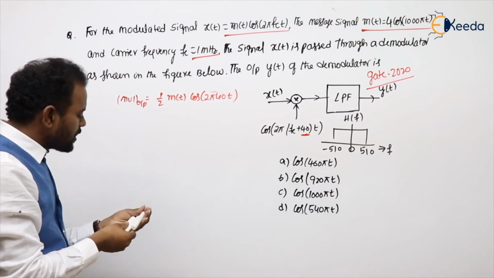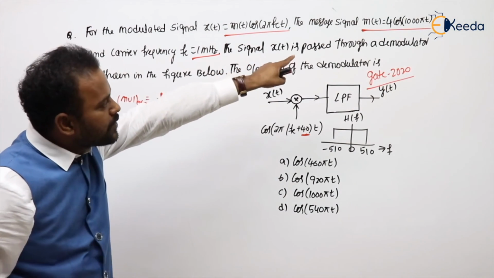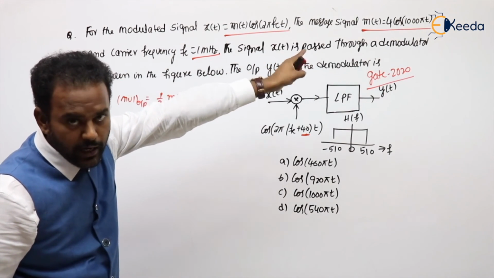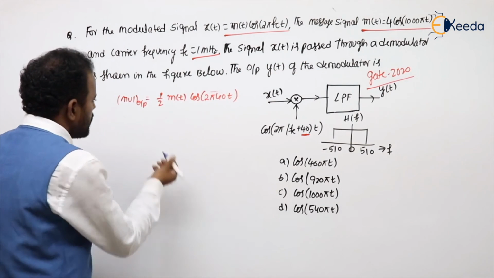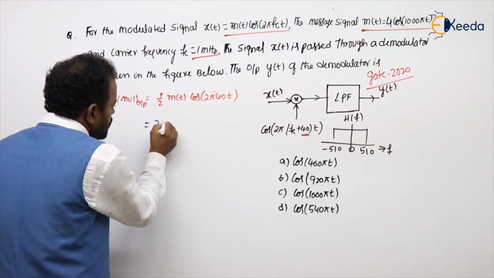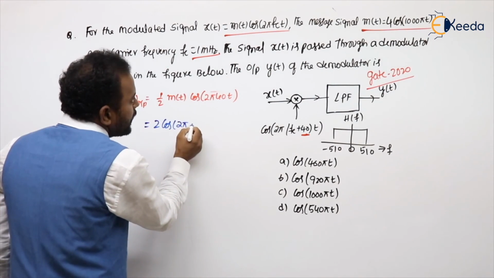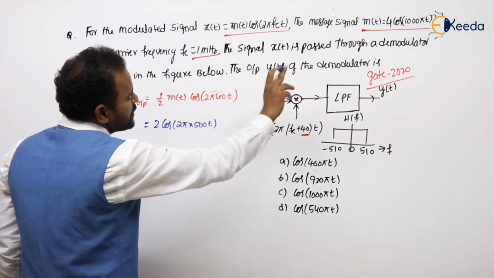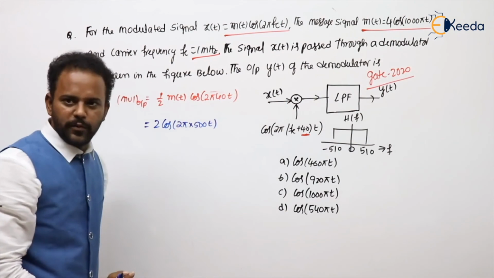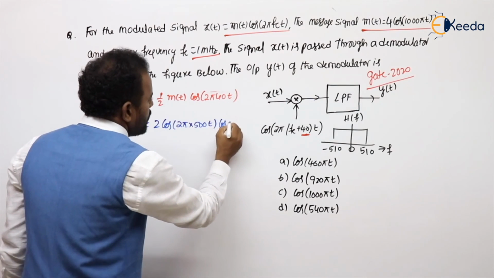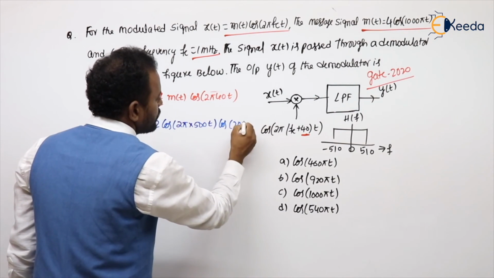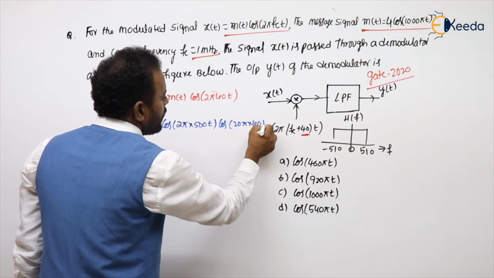M of t is also given. What is that value? 4 cos 1000 pi t. So if you substitute 4 by 2, so 2 cos 2 pi into 500 t, because for 1000 pi I wrote 2 pi into 500 for simplicity, into cos 2 pi into 40 t.